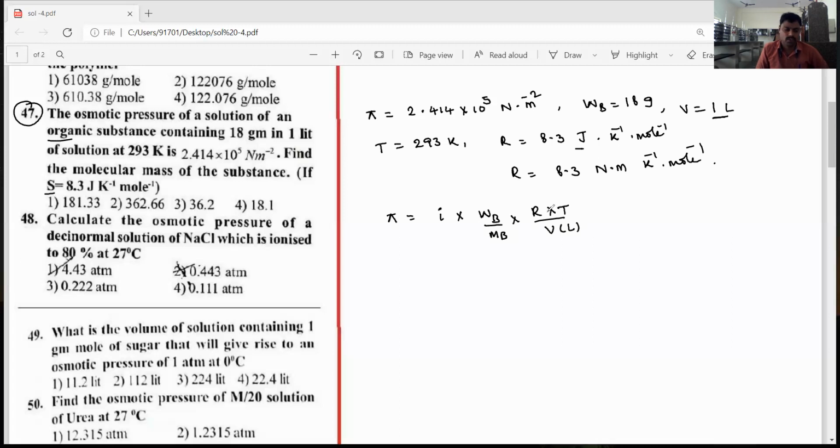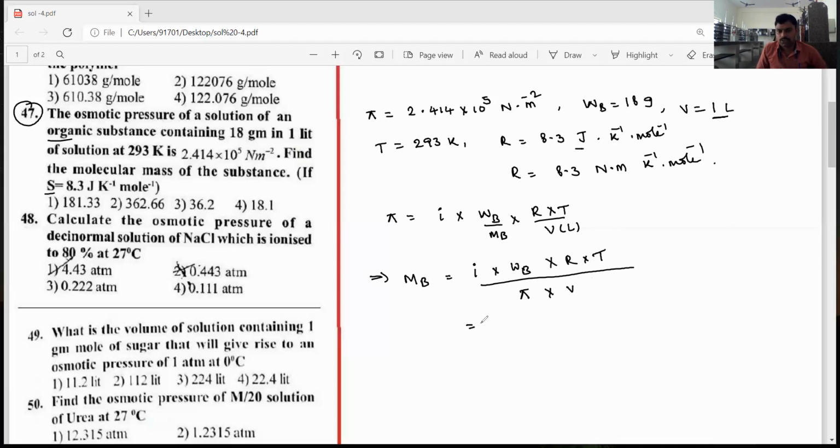So MB is equal to i into weight of solute into R into T by pi into V, the volume of the solution in liters.